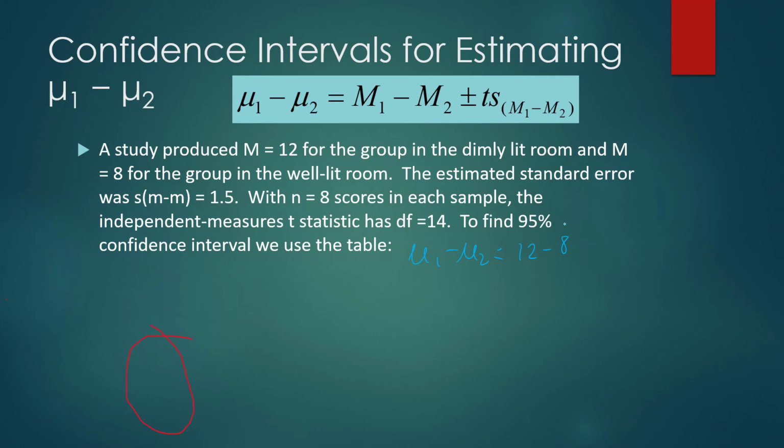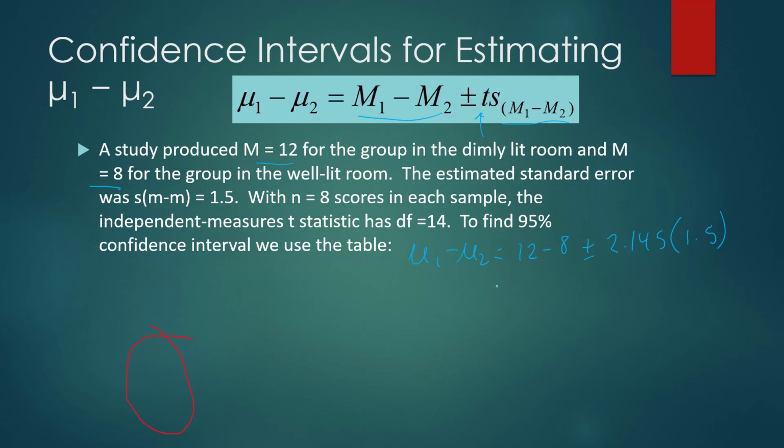But again, when we're talking about confidence intervals and effect size, it's nicer to stick with positive numbers. So we're going to do plus or minus the t-score that we just found on the table on the previous slide, which was 2.145. And we also knew our estimated standard error was 1.5. We put in our standard error, we put in the t from the previous table, and we use these numbers to calculate our mean difference.